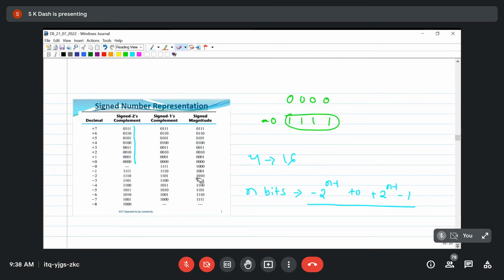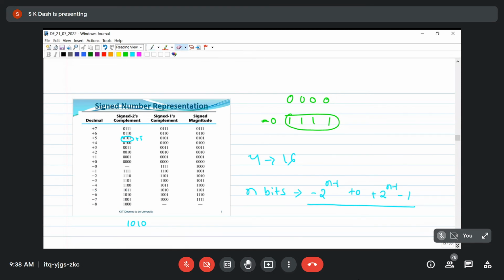Anyone, if you observe, you can directly tell, suppose this one is the answer, by looking into this you can say that this is equal to plus 5. But suppose this is your answer, 1010. Then what is 1010? 1010 is minus 6. But from this, how can you say that this is equal to minus 6? Now I have to see in the reverse direction. Are you getting the problem?